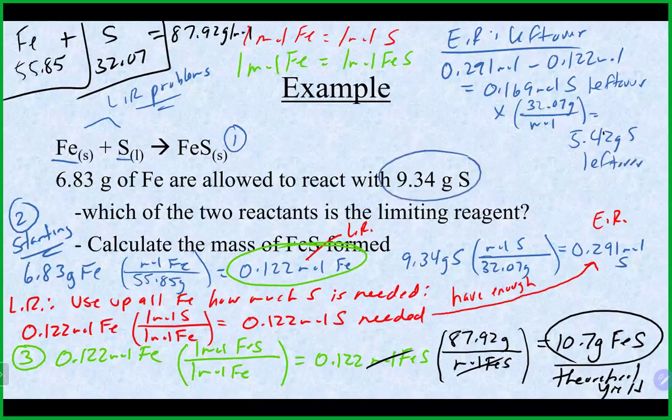So we started with 9.34 grams, and in this reaction, we used just under 4 grams of it to do this reaction, and we still had about 5.42 grams of it left over. So again, that's also a very common question that's asked, which is how much of that excess reagent is left over. Any questions on any of those steps there?